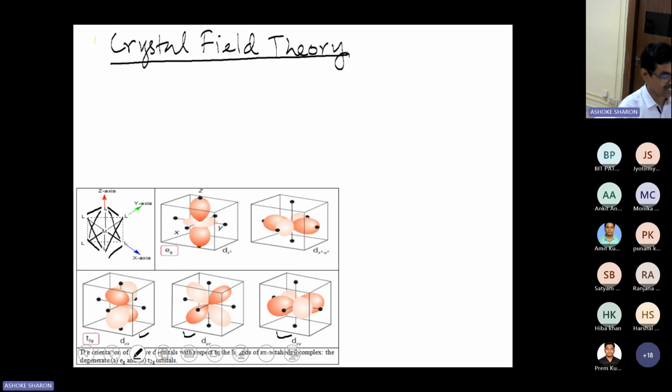One is dz square, which is oriented along the z-axis, and there is a ring in between at the central point, which is at the nodal point. There is a ring, and their symmetry is like this.